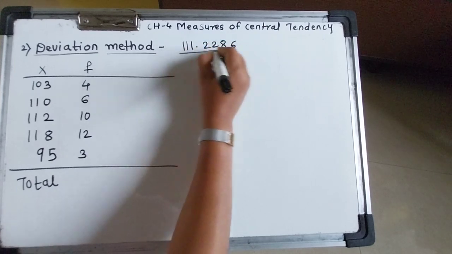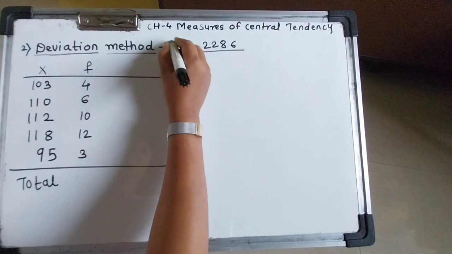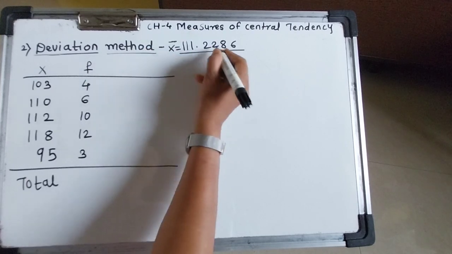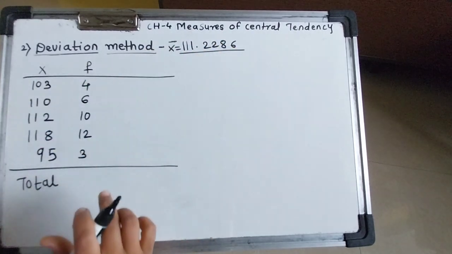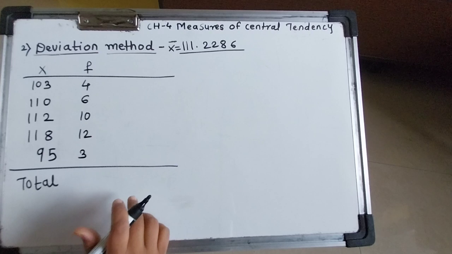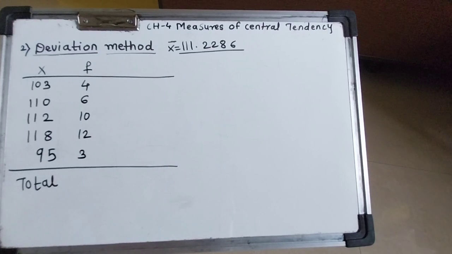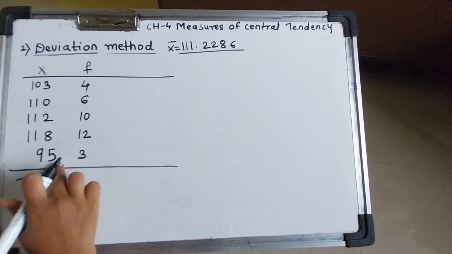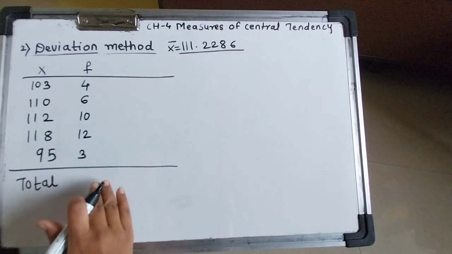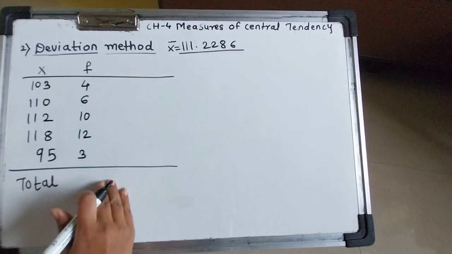X bar is 111.2286. In the book, they gave X values and F values. We have to solve this example by the deviation method.